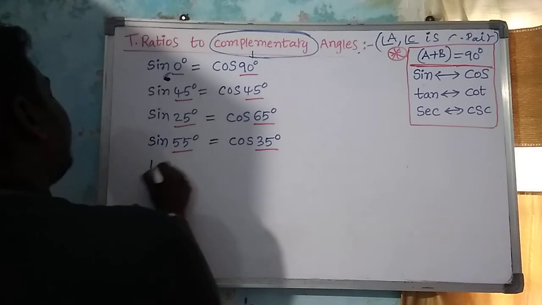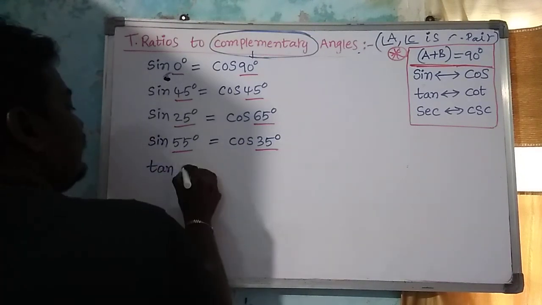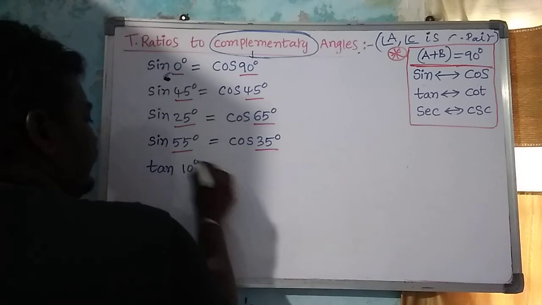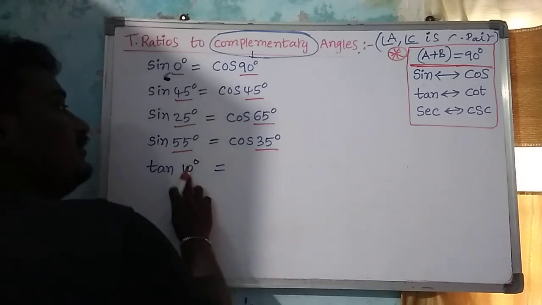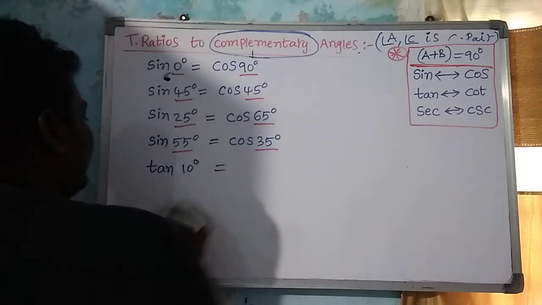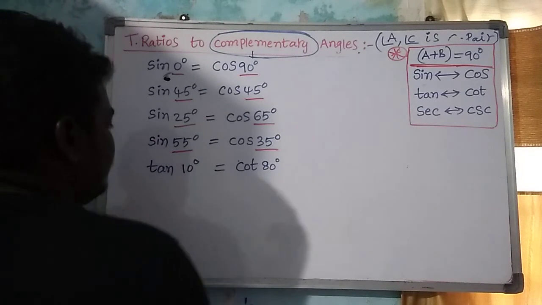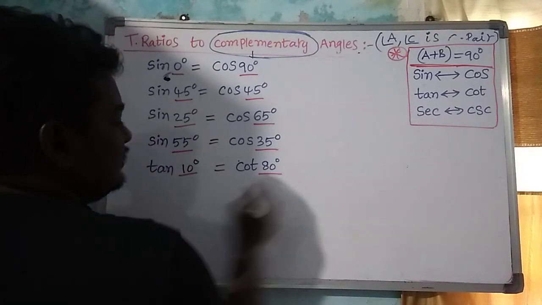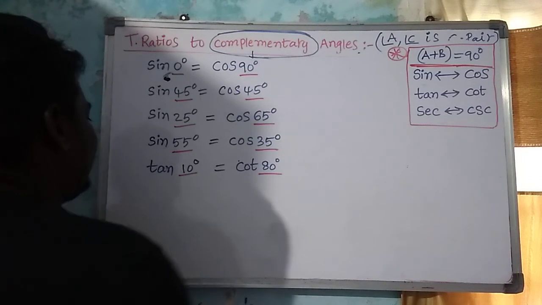What about this one? Tan should become cot. Tan 10 equal to cot 80. How much should be added to 10 to become 90? 80, right. That's it. 10 plus 80 is 90.